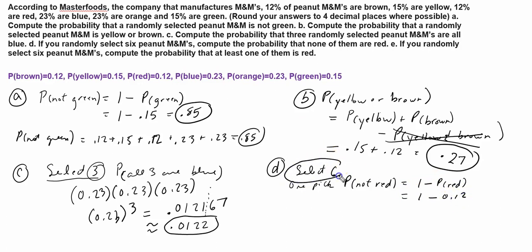So if you're going to select 6, the probability that out of 6 picks, none of them are red, well, that's going to be this multiplied by itself 6 times. And when I put that into my calculator, I get that.